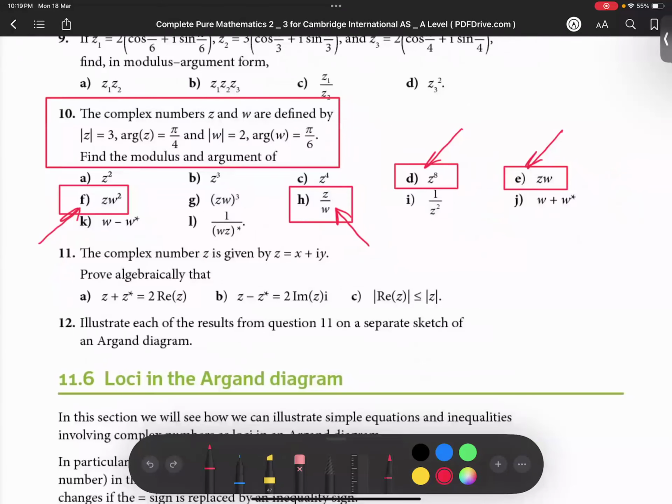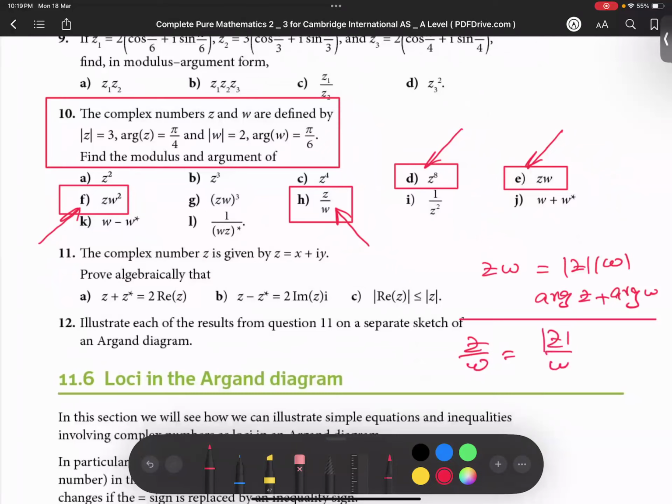In case of multiplying Z and W, the modulus of both will multiply, and the argument of Z plus the argument of W will add up. If they are dividing, the modulus of Z and modulus of W divide, and the argument of Z minus the argument of W. I believe you got the point because of dividing.